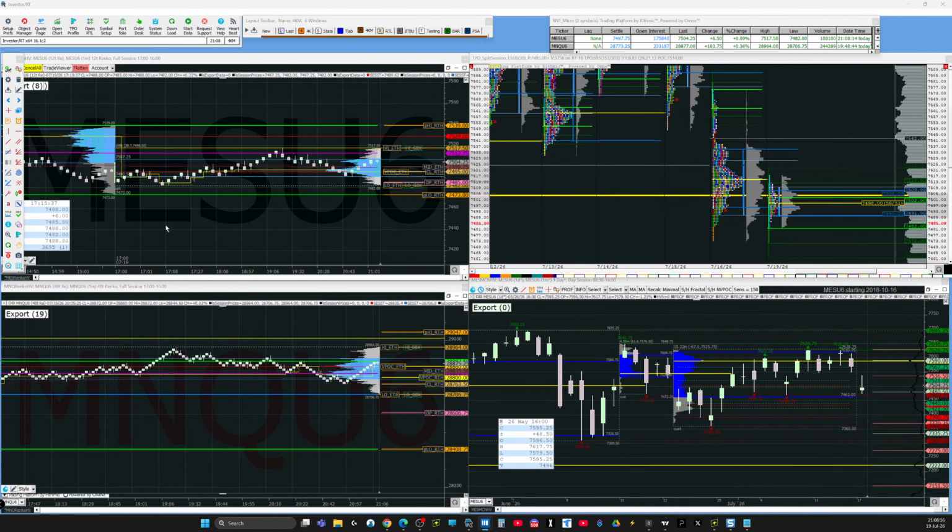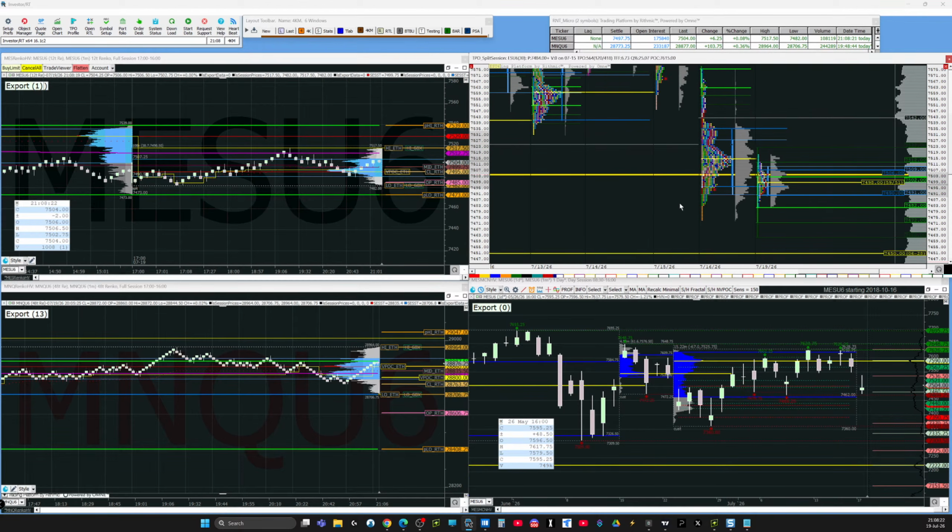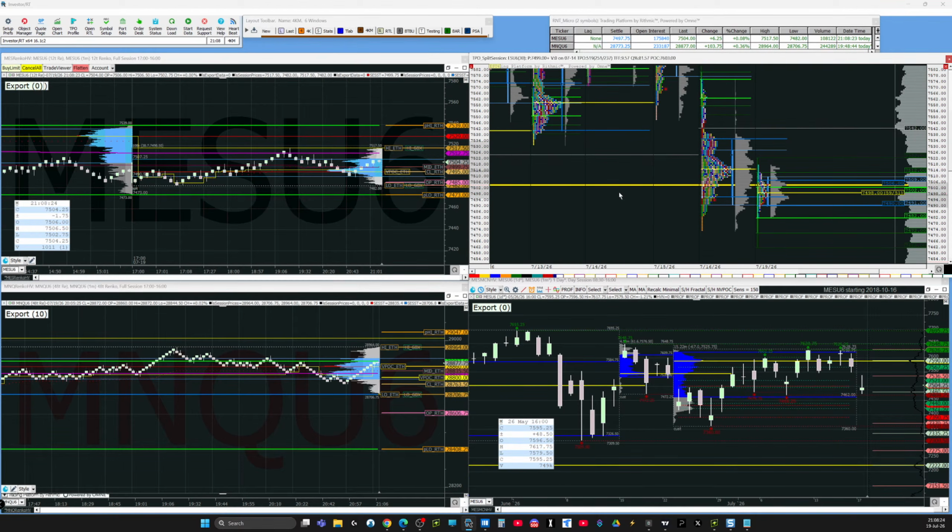Is that right? It doesn't look right with the market profile over here. What I was going to say was there looks like zero excess to the upside, like an unfinished auction, assuming that they would take it higher.